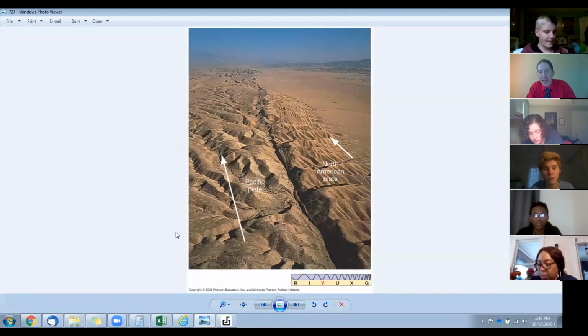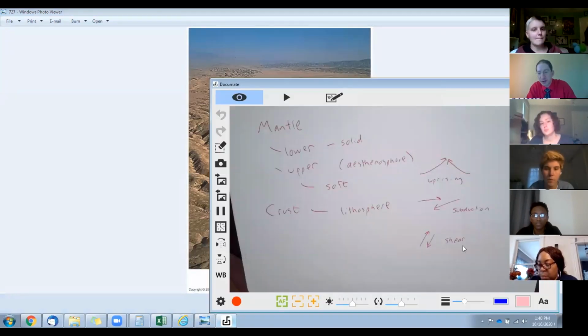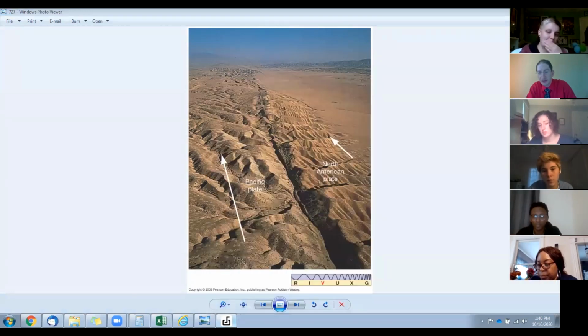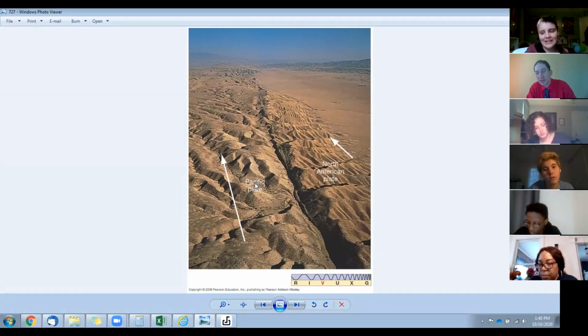And then the last example is shear, where they're moving either opposite each other or in the same direction at different speeds. And that's what we have also with the North American plate and the Pacific plate. Here you can actually see the boundary where one is subducting under the other, at least down below, that's what's going on. But they have this kind of shear as well, and there's a lot of pressure.